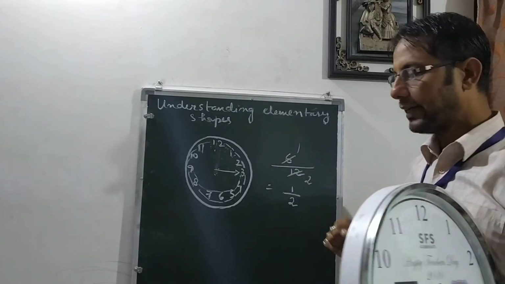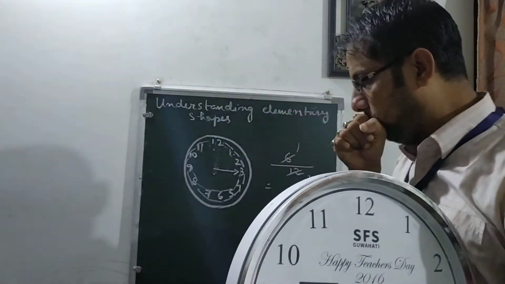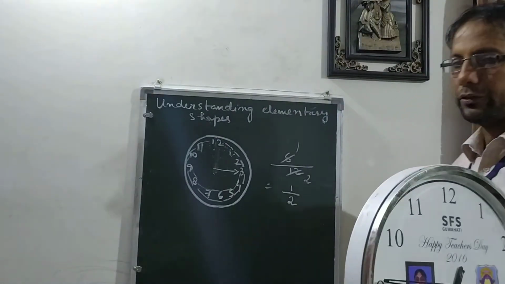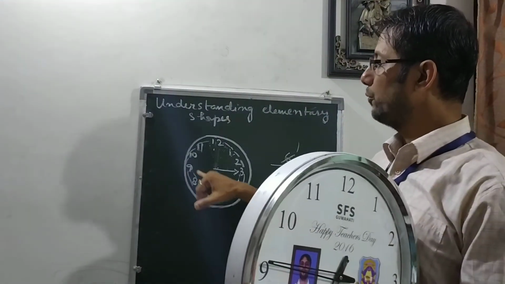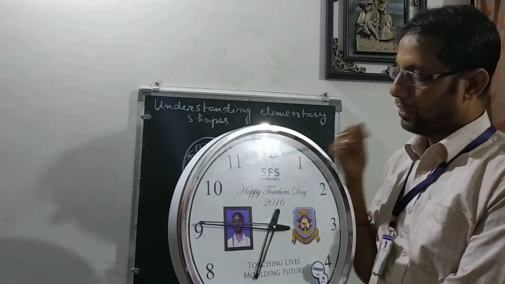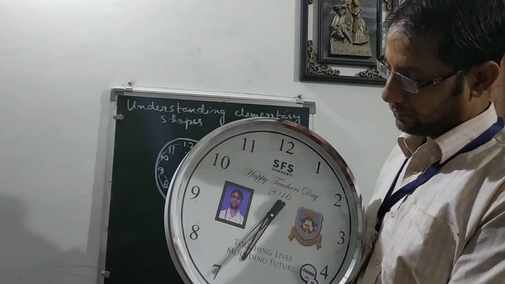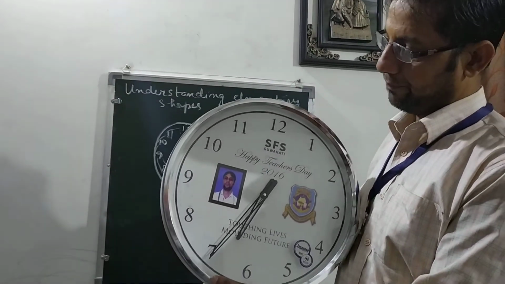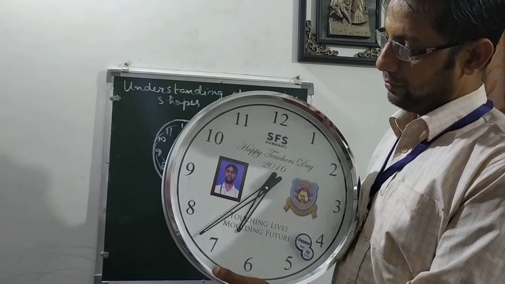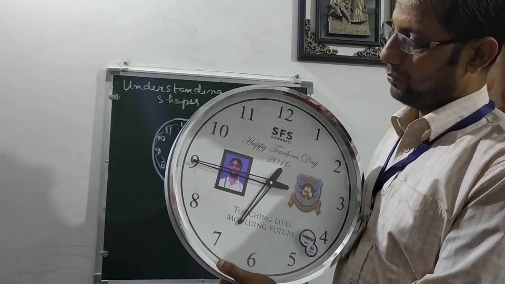Now the next question I have asked is from 7 to 10. First of all, let us count how many parts there are from 7 to 10: 1, 2, 3.